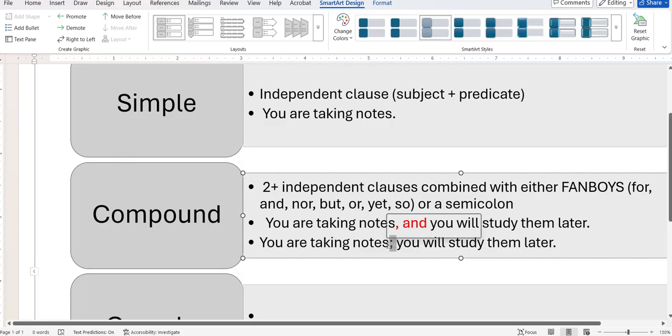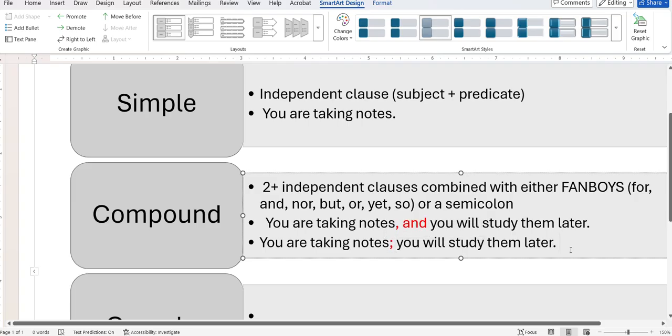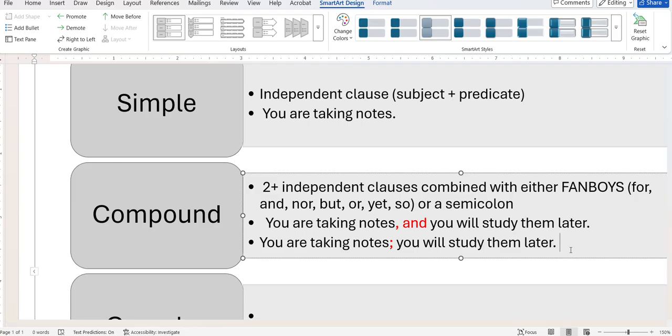There are times where you do a semicolon and a word after that, but that adding that extra word, it's still a compound sentence. So I'm not going to throw that one in there. If you had said you are taking notes, semicolon, furthermore, you will study them later, that would still count, but like I said, I'm not trying to throw that at you right now. If you want to look at that, that's going to be on that punctuation handout that we did on the snow day.